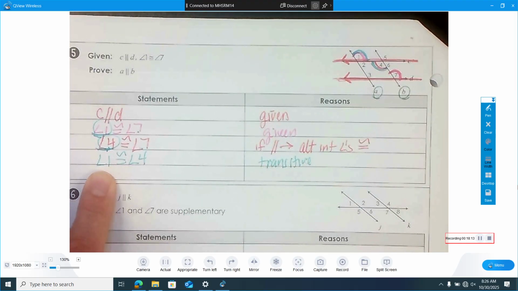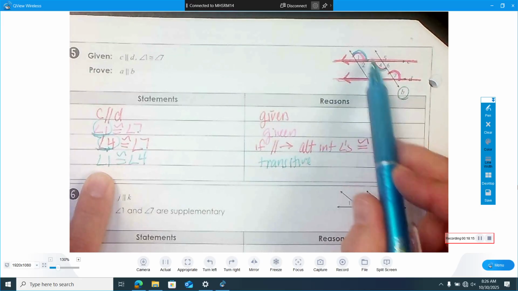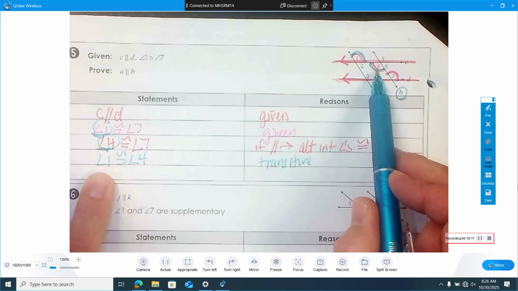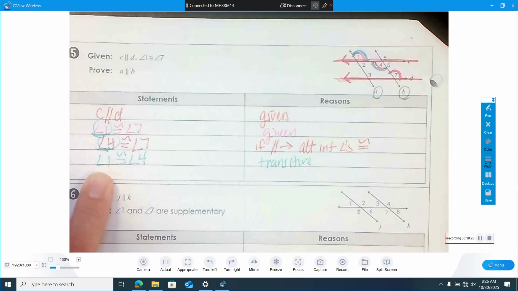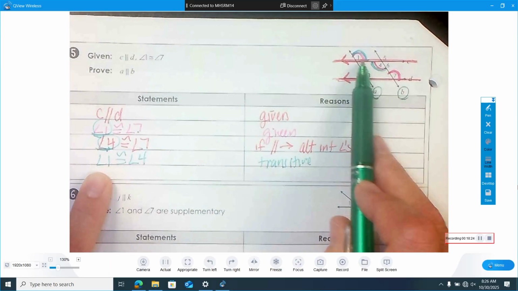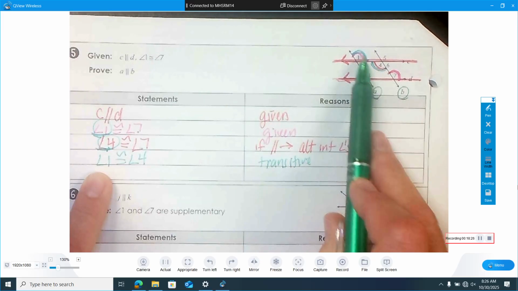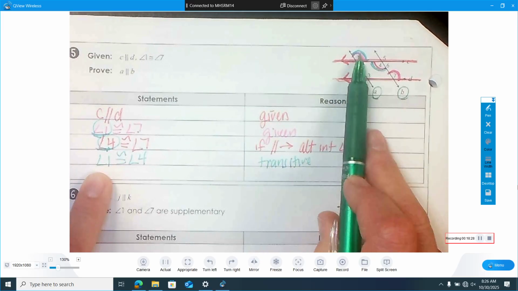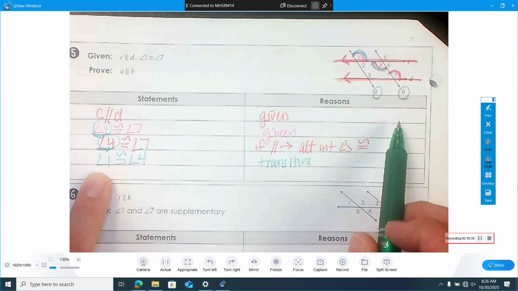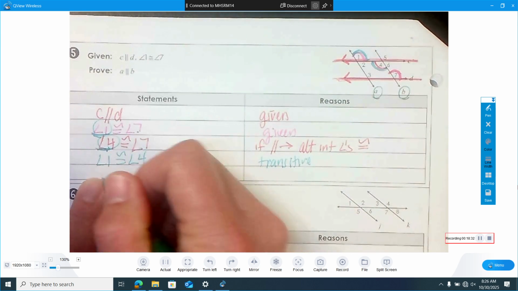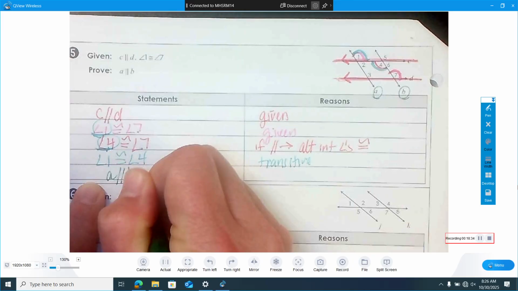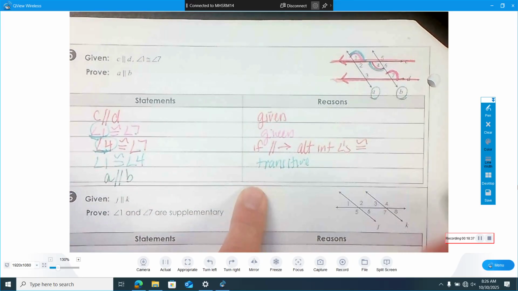All right. And look at those 2 blue arc marks there. What kinds of angles are those? 1 and 4? Alternate interior, yeah. Interior of what 2 lines? A and B. Hey, there we go. A is parallel to B. Why?